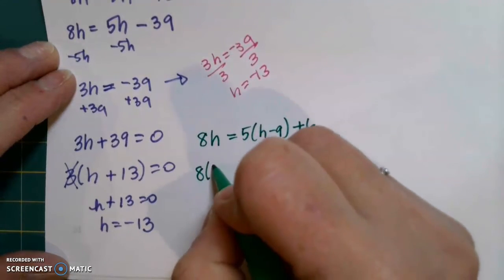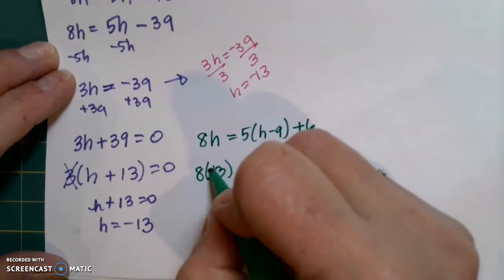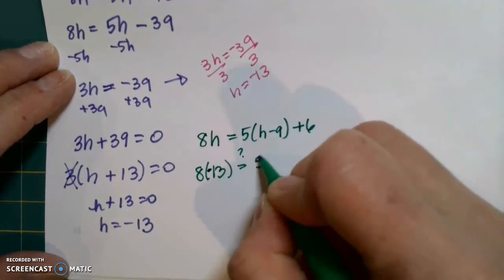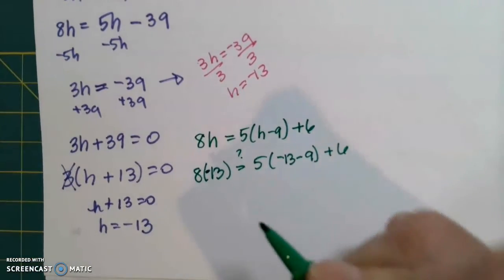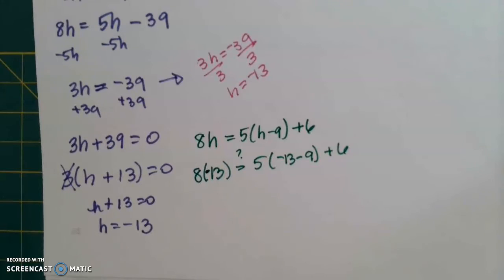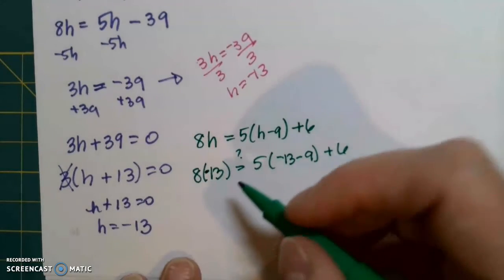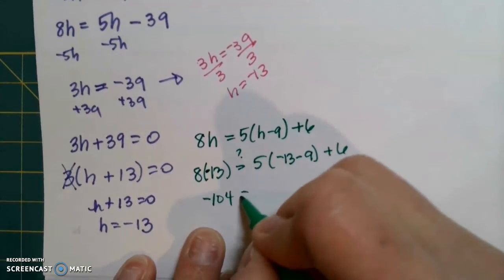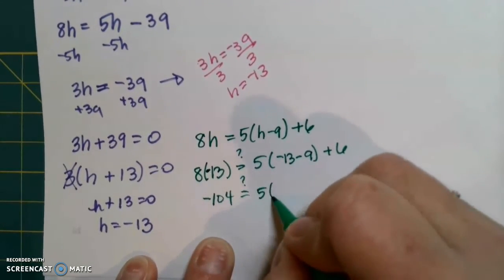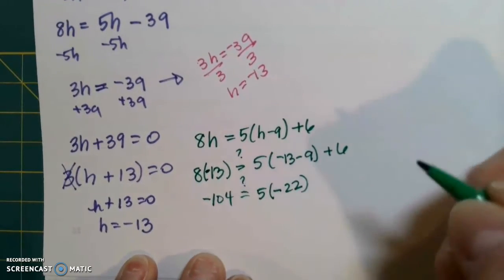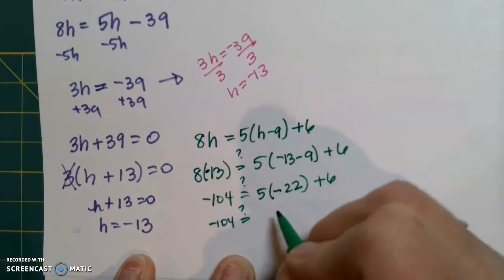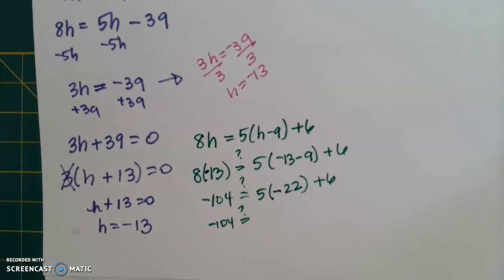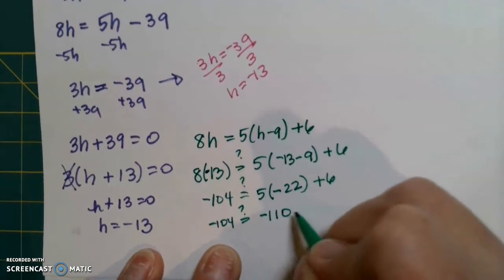All right, so 8 times negative 13. Is that going to be equal to 5 times negative 13 minus 9 plus 6? And 8 times 13 is not one that I have in my head. So let's see here. So that's going to be negative 104. Okay, and over here we're going to have 5 times negative 22 plus 6. 5 times negative 22 will be negative 110.